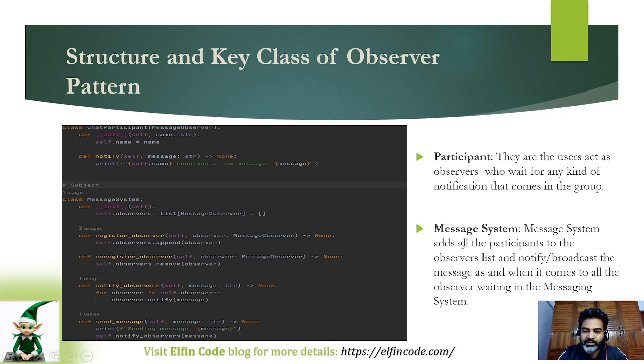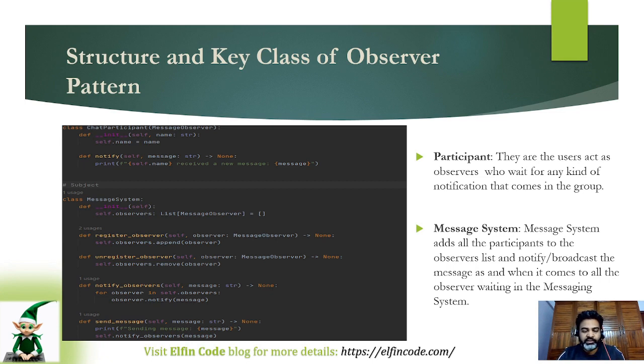Whenever a participant comes and asks to join a particular group, the messaging system will take that participant and add it to its observers. If any new message comes to the messaging system, it will take that message and notify all the observers handled by the messaging system. These are the two components of the observer pattern.